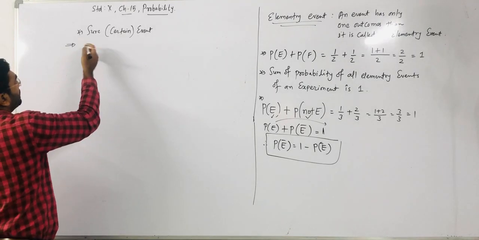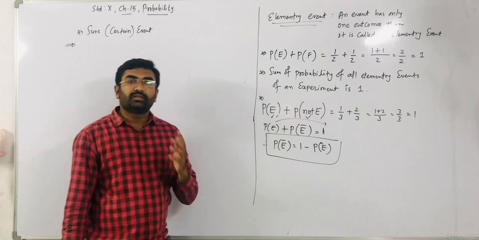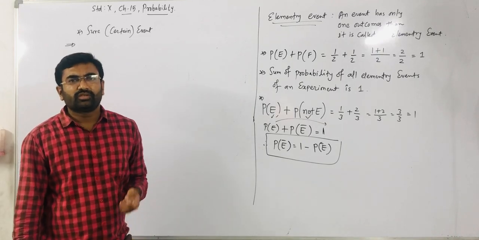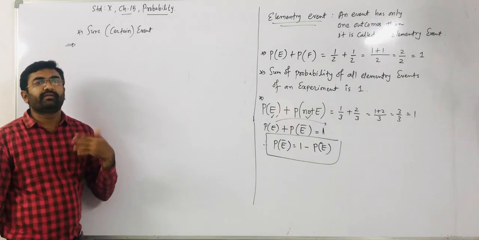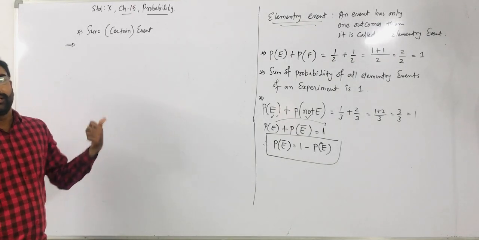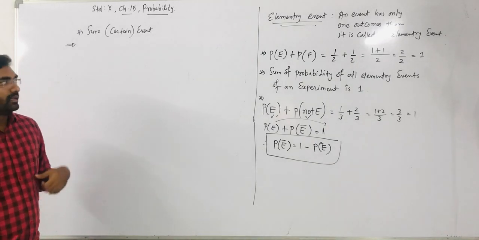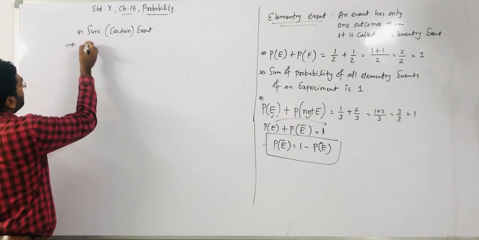Suppose I say the sun is rising in the east, right? The sun always rises in the east, so it is a sure event, right? So whenever an event's probability is 1, then we can say it is a sure event. Sure event means what?